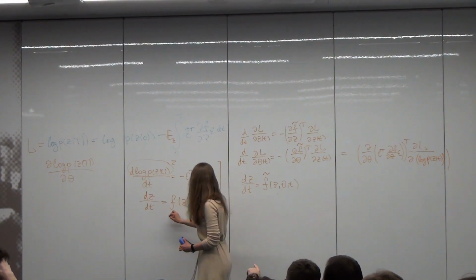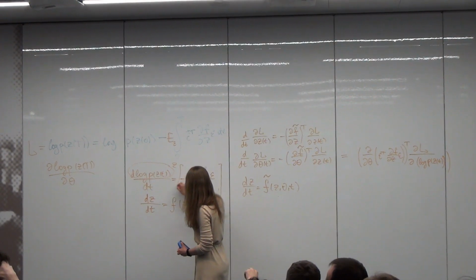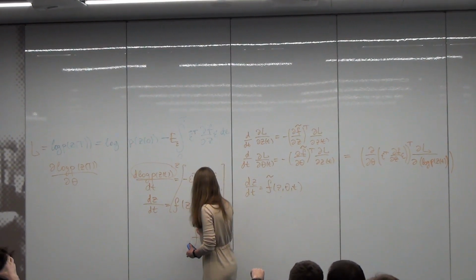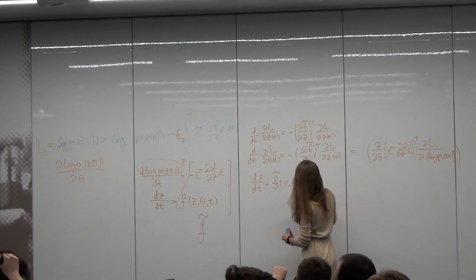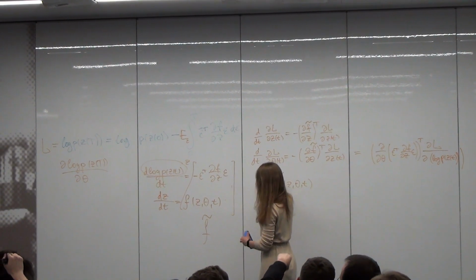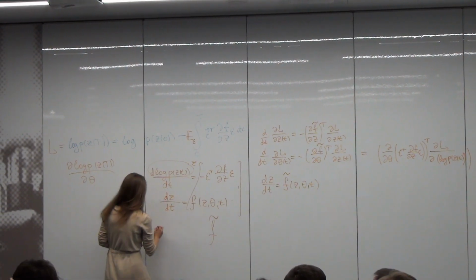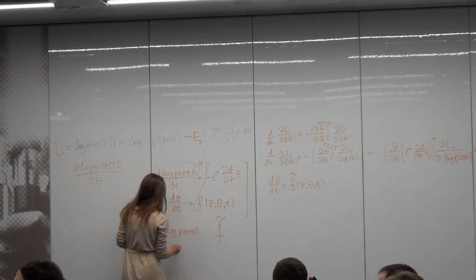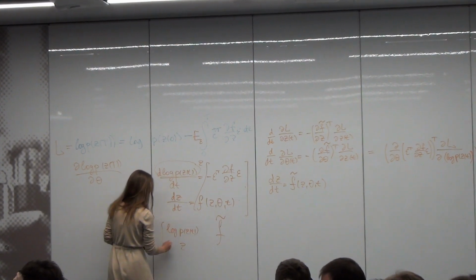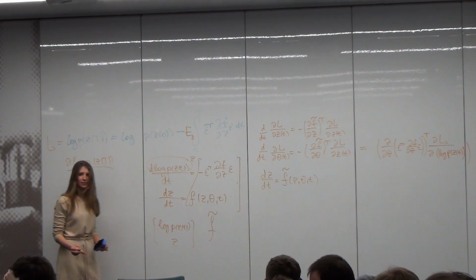So this is a vector, and it is our f from here, and our z from here. It is the log density and z. Yes.